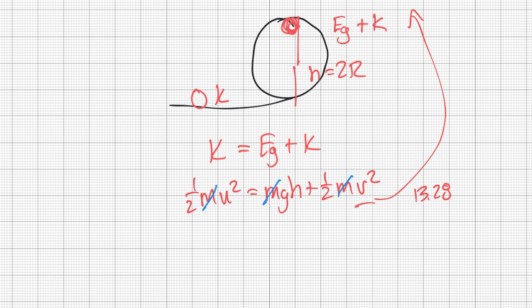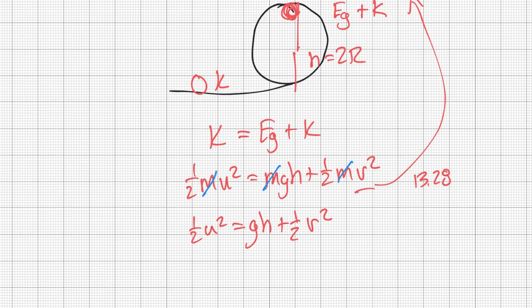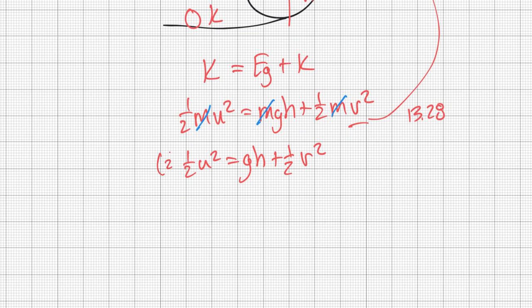And then I'm going to be left with 1/2 u squared equals g h plus 1/2 v squared. And then I'm just going to multiply each side by 2, and then I'll square root. So my u is going to equal the square root of 2 g h plus v squared.